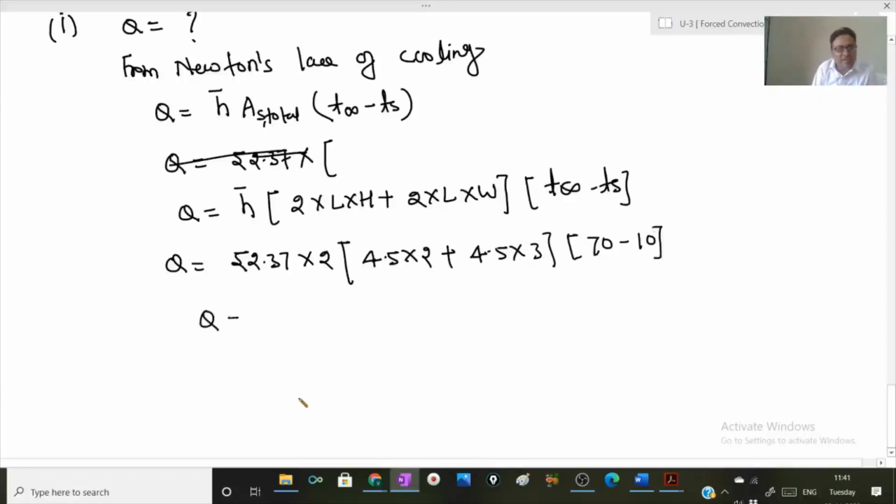So the heat transfer rate comes out 141,399 watt, or Q is equal to 141.399 kilowatt.